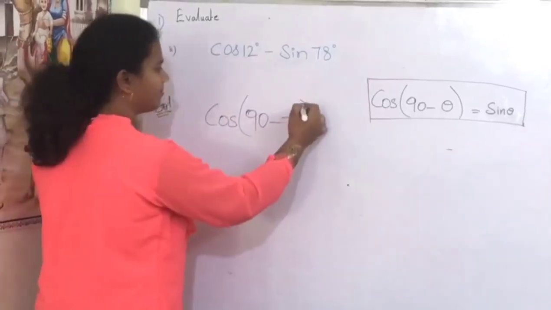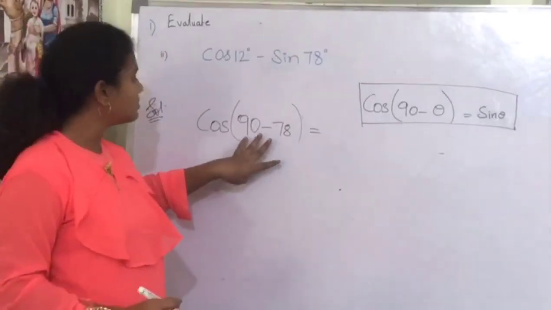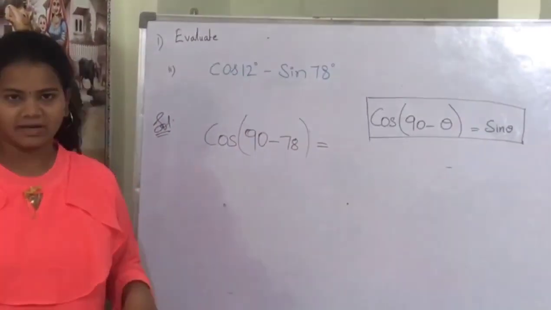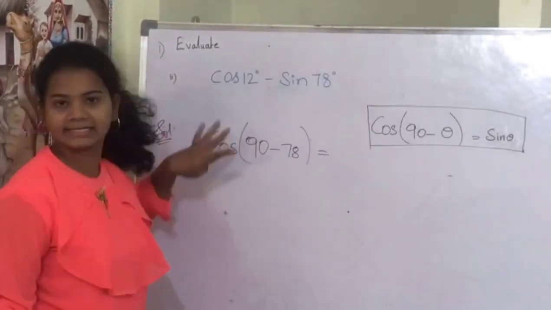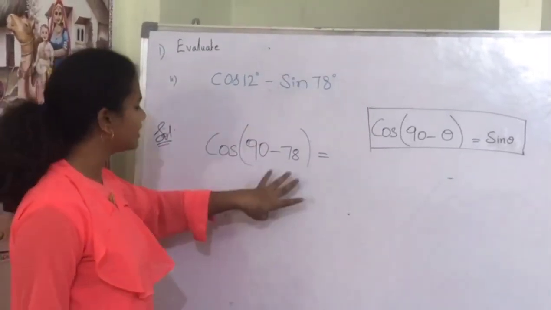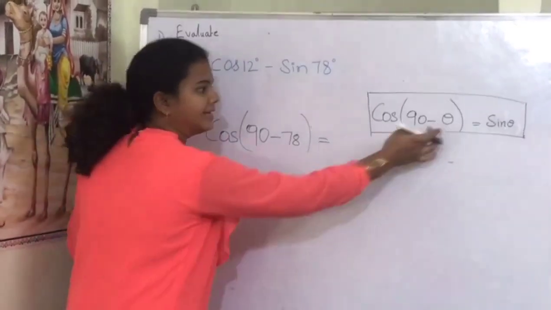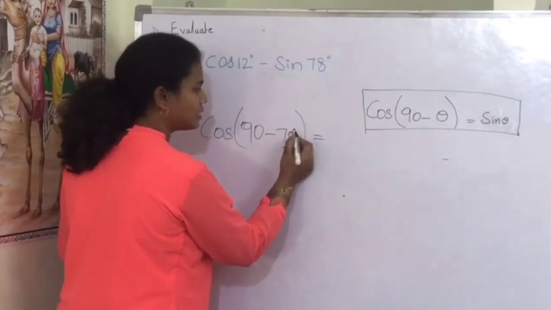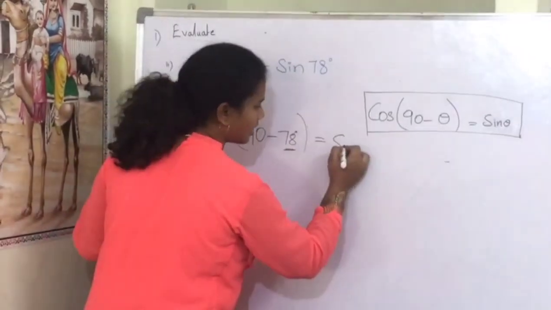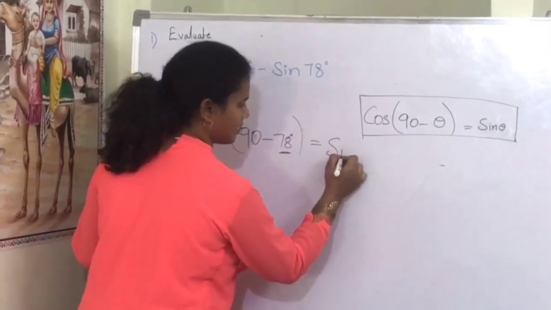Now subtract 90 minus 78, where 90 minus 78 gives 12 degrees. As we can write, cos 90 minus theta, with theta as 78, gives sine 78 degrees.